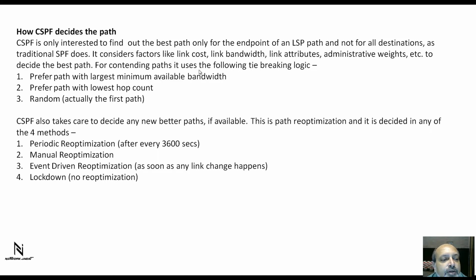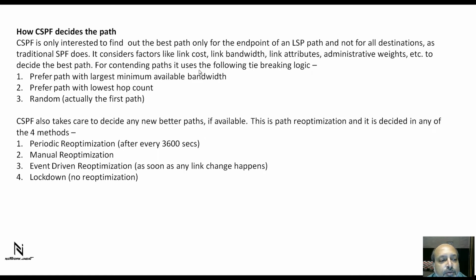Now, event-driven reoptimization, as soon as any link change happens. In fact, this is the most obvious one, where whenever any change in the link happens, definitely CSPF will be ready, will start its work to find out that new path, to establish that new path and forget the previous path, right?